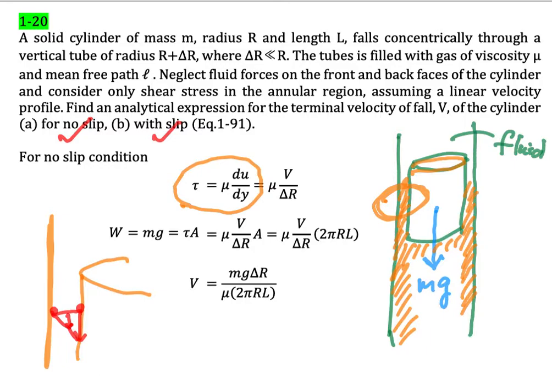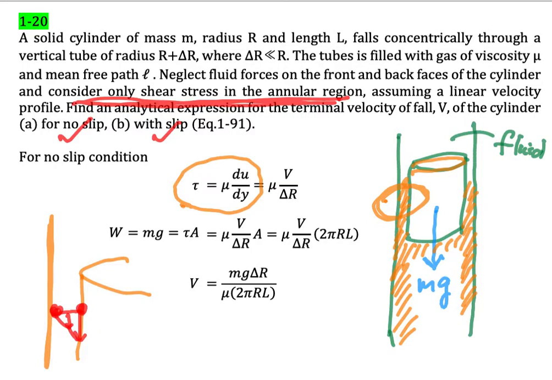Because there is shear stress here, it will slow down the object, and then the resistance comes in. That's why in this question they ask you to consider only shear stress in the annular region.